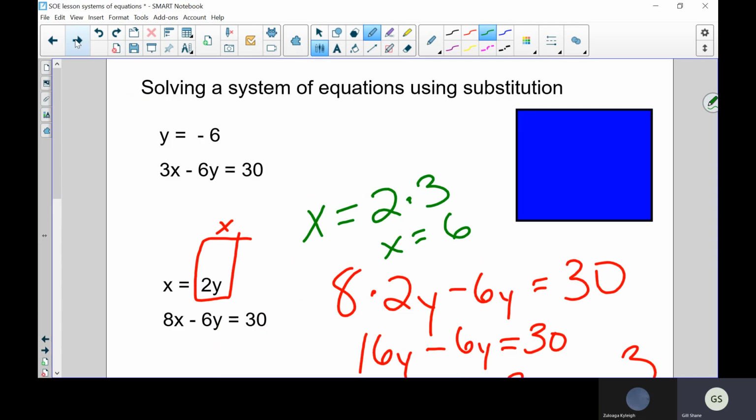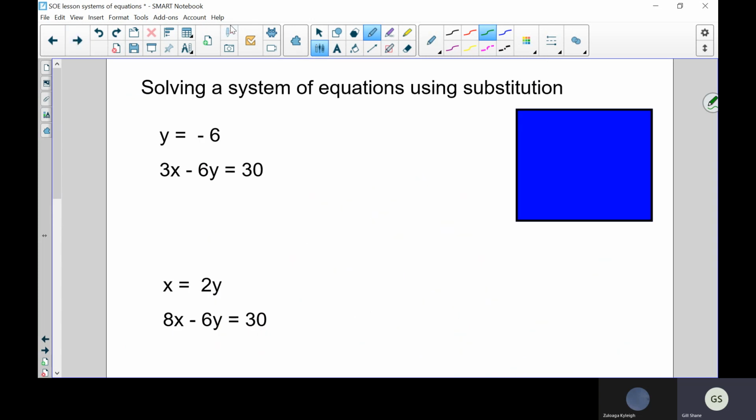So here they are. In the first problem, an easy substitution problem, all of these are the same concept. If I know y, I can put a box around what's on the other side, because that's the same thing as y. What's in that green box is just like saying y, because y equals what's in that green box. So -6 and y are the same exact thing.